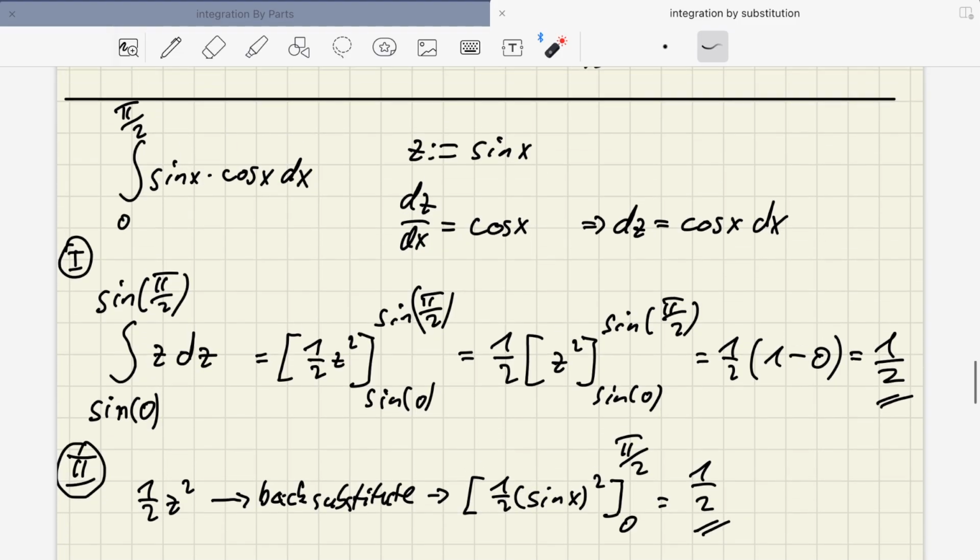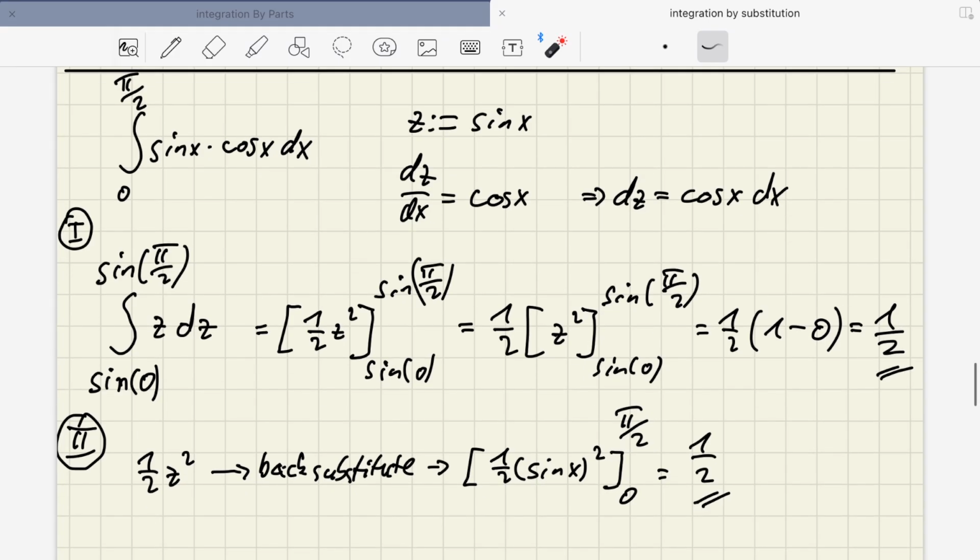The second step, if you're unsure, maybe this is pretty complicated, you first back substitute. Look for what was your z. Z was sine x. You put it in, and then you back substitute it, and then you can put in your original limits.